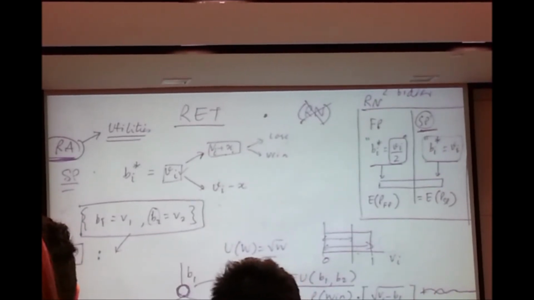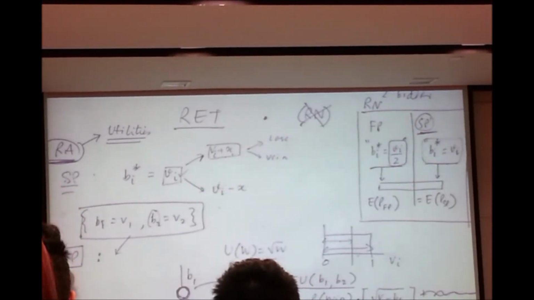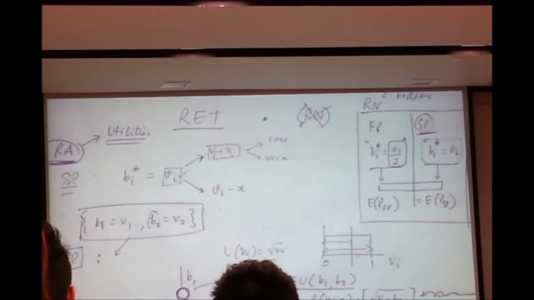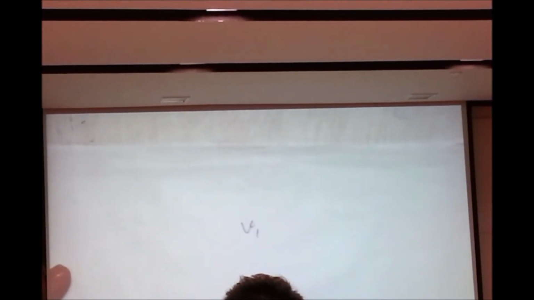So what is the intuition? Why do bidders bid more when they are risk-averse? The reason I don't bid my valuation in a first price auction is that if I win, I'll get a payoff of zero.